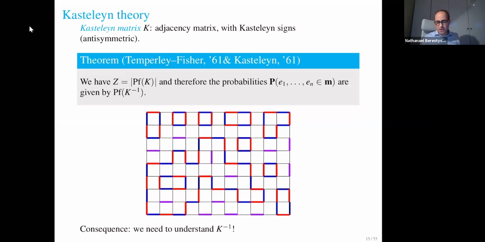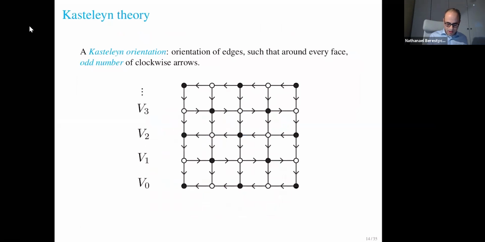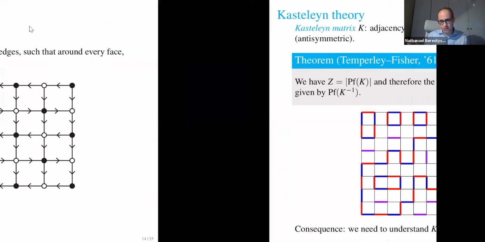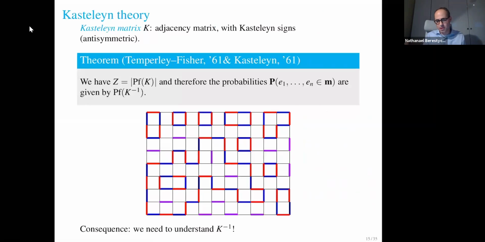So in particular, this matrix is going to be anti-symmetric. Just to clarify, if this is x and this is y, then K_xy will be 1, but K_yx will be -1. That's just what the Kasteleyn matrix is. It's a signed adjacency matrix where the sign comes from the Kasteleyn orientation.